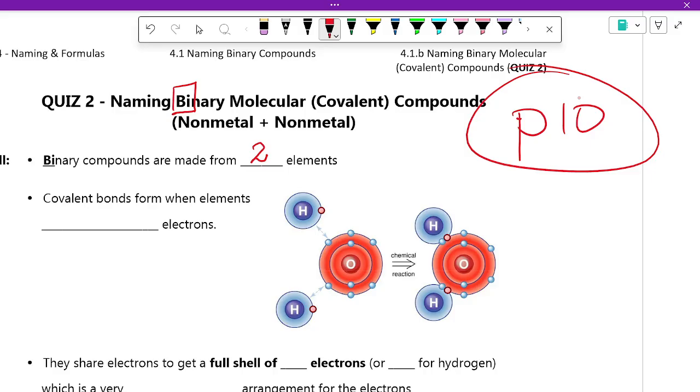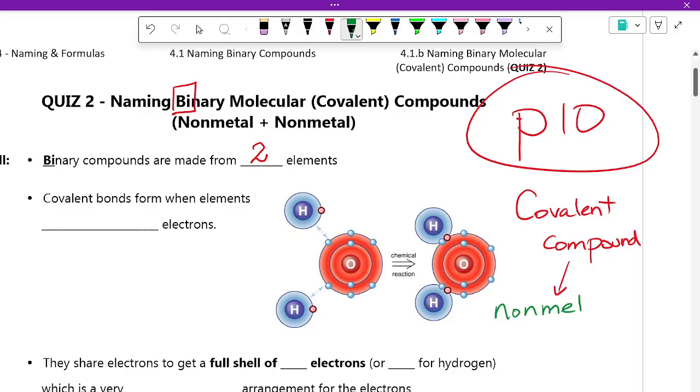But when we have a covalent compound, what is it made of? What types of elements? Non-metal plus non-metal.